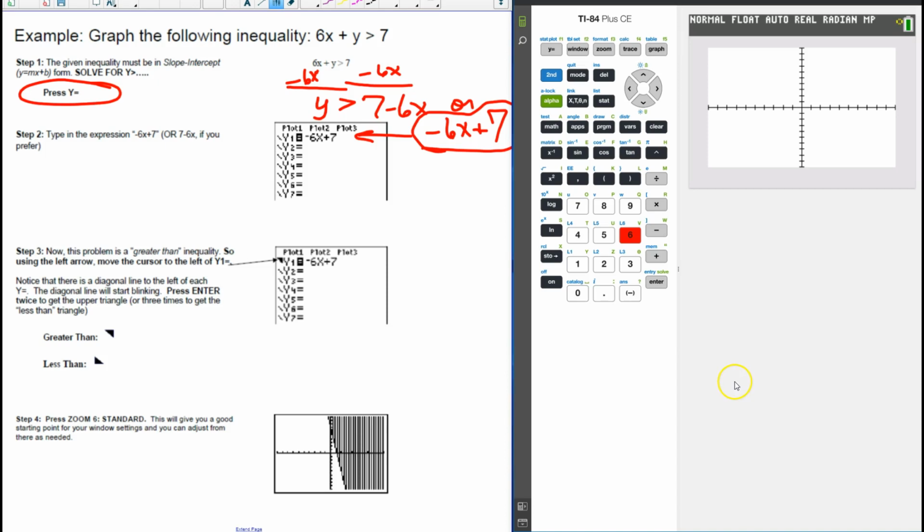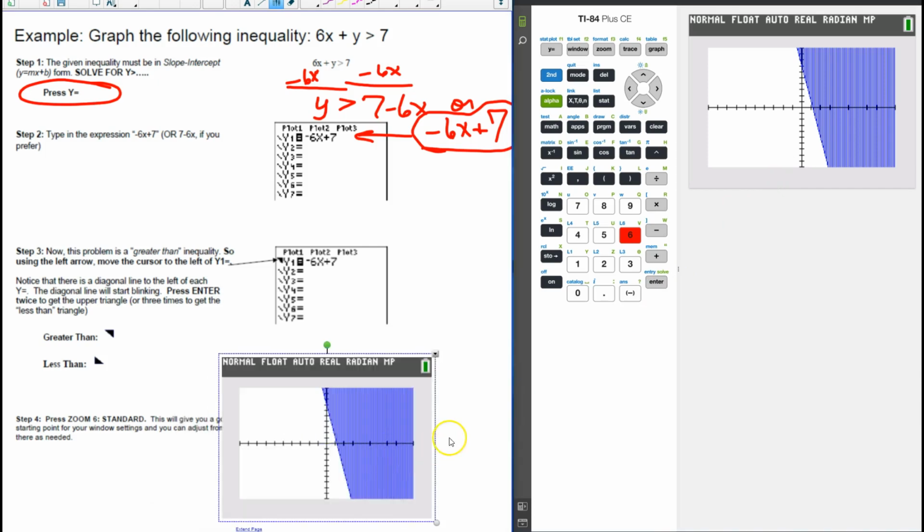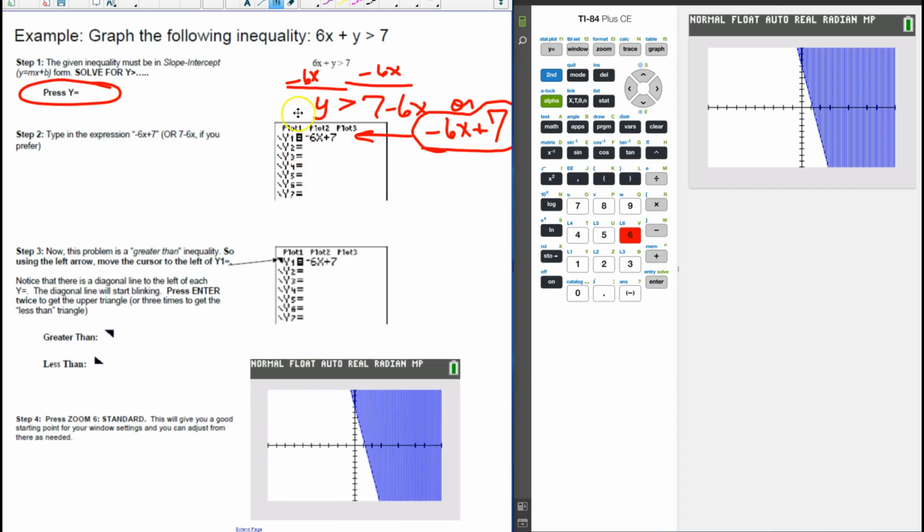It should graph it between -10 and 10 in each direction. And it's shading, so it's saying all of these points that are over here are where 6x plus y is greater than 7.